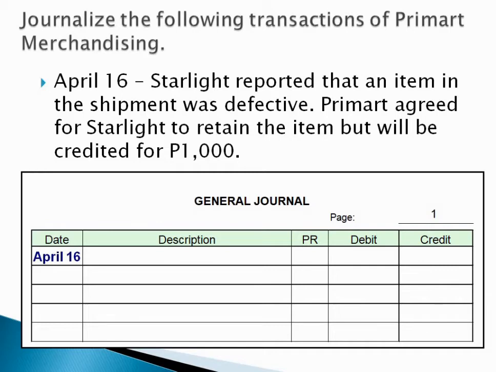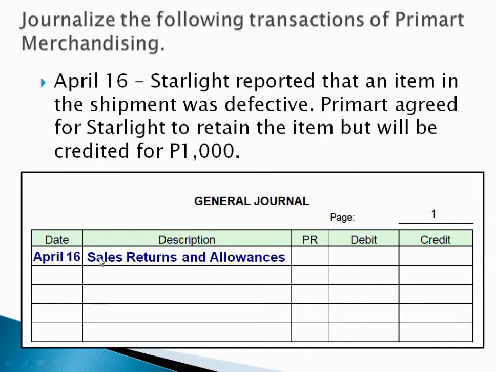Was there a sales return on the part of Primark? None, because Starlight did not return the defective item, but retained it or kept it. So what transaction was this? A sales allowance from Primark, the seller's viewpoint, which must be recorded by Primark, still using the account name sales returns and allowances.